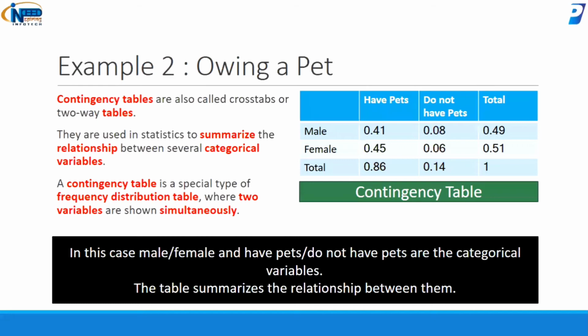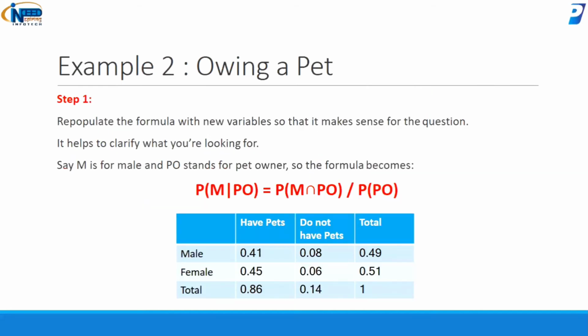Now let us move ahead and continue with the example. Let us rewrite the formula here. So what is M here? Probability of M is the probability that the person will be a male given that the person is a pet owner.